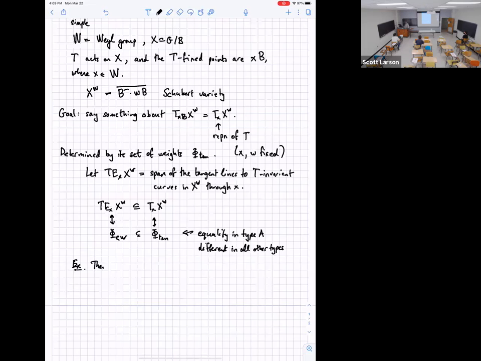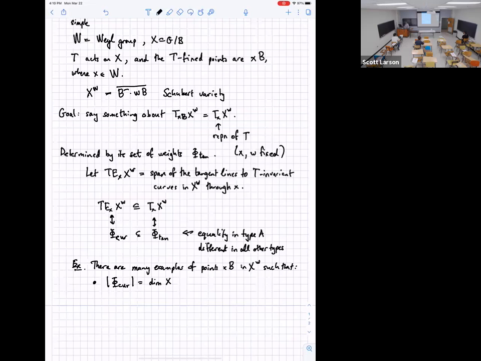There are many examples of points xB in X^w such that the cardinality of the curve weights is equal to the dimension of the variety.